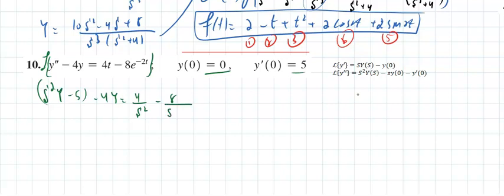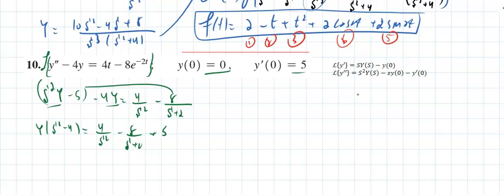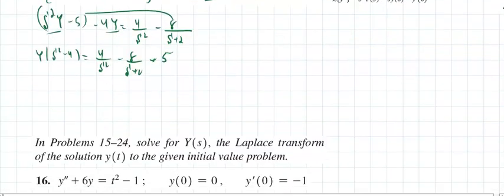over s plus 2. So if I get those two together and factor a y out, that's s squared minus 4 equaling 4 over s squared minus 8 over s plus 2 plus 5. So I could say y equals, and let's see what this is.